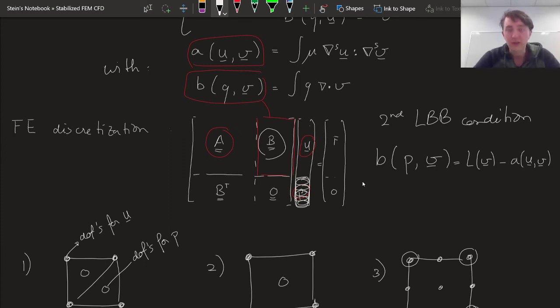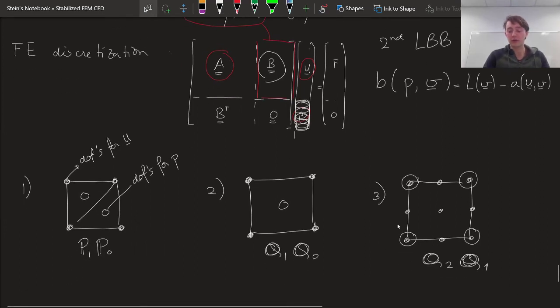So how can we test if that condition holds for a certain discretization, any one of these elements below? Well, it's actually rather difficult to test that that is true, but proving that it is not true only requires a single counterexample. The counterexamples that we will give are going to be examples where I can find a certain pressure.